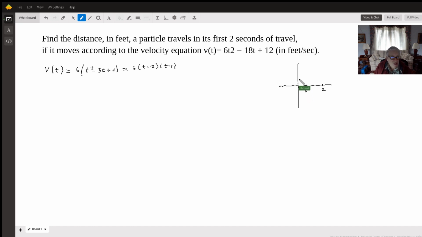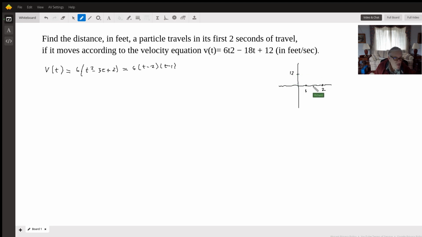So we're going to have two intercepts at 1 and at 2. And we know it's a parabola opening up, and we know when t is 0, this is going to be 12. This intercept here.